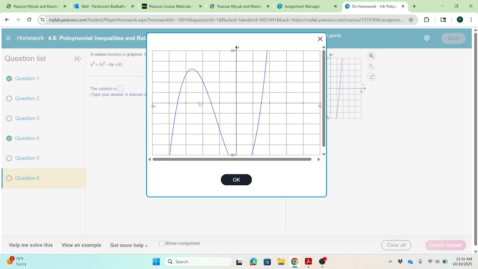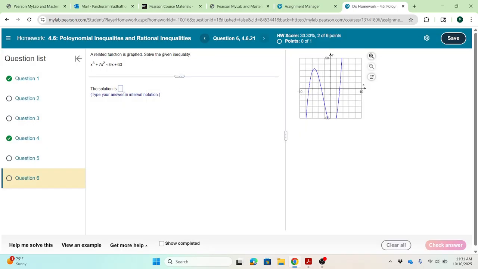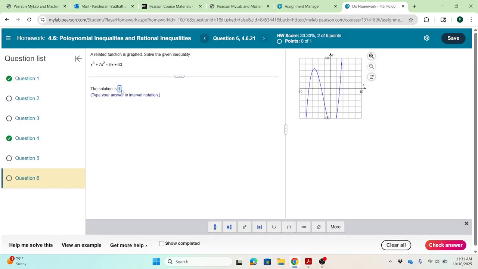So from -infinity up to -7, the graph is negative. And from -3 up to +3, the graph is negative.